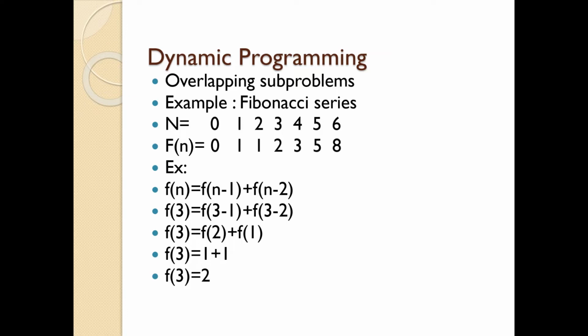For 2 it is 1, for n equal to 3 it is 2, for n equal to 4 it is 3. Here f of n equals f of n minus 1 plus f of n minus 2. So f of 3 equals f of 3 minus 1 plus f of 3 minus 2, which gives f of 3 equal to 2.